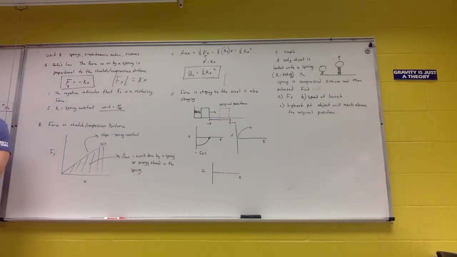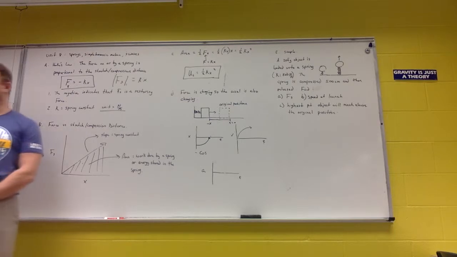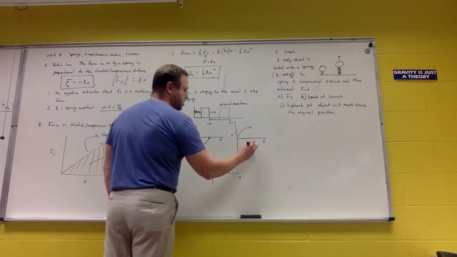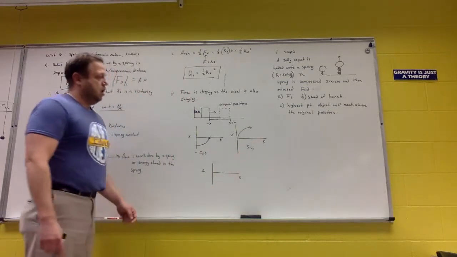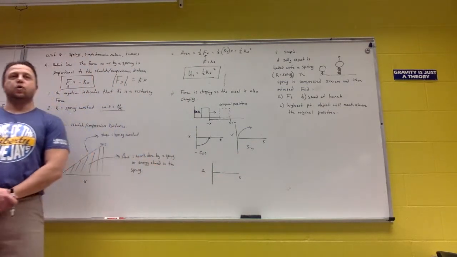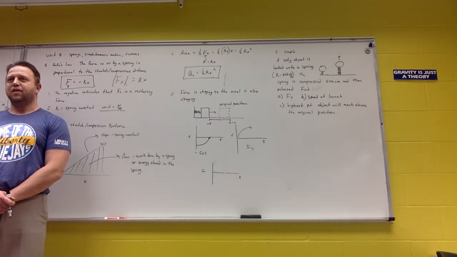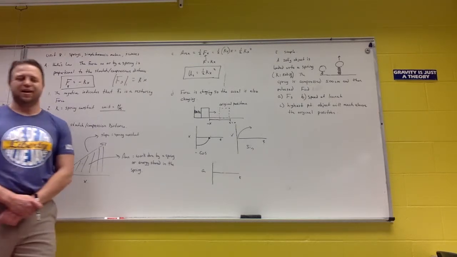I know those of you who haven't had pre-calc yet don't know what all the derivatives of those are, and that's okay. So this is going to be a sine. And what is the acceleration graph going to be, because it is the derivative of position or velocity? This will be a cosine graph.